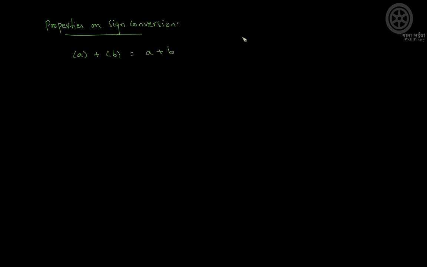See, a and b are both positive integers, so 1 plus 2 gives 3. In the same way, if I take a negative integer and a positive integer, it should be b minus a. If I take minus 3 plus 5, that is 5 minus 3, equal to 2. Another way, minus 5 plus 3.